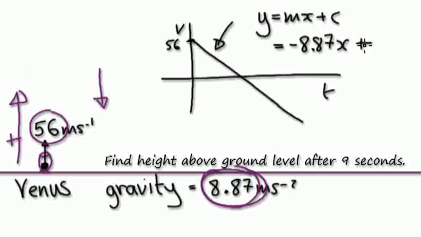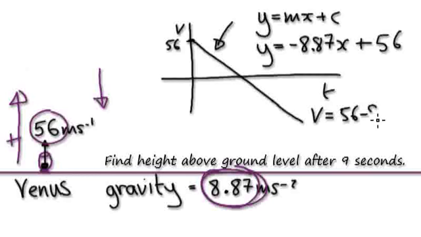So m here will be negative 8.87 x plus c. Well, c is 56 here. Now tidy up the equation. So we will have v, velocity, equals 56 minus 8.87 t. Now, when you shoot a cannonball up, at the maximum height, the velocity will be 0.